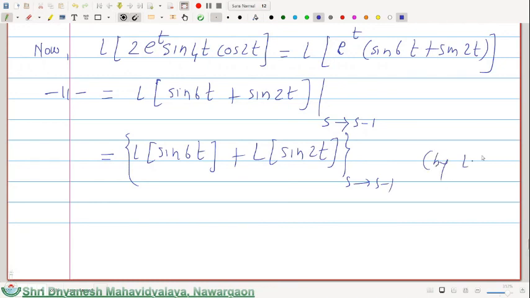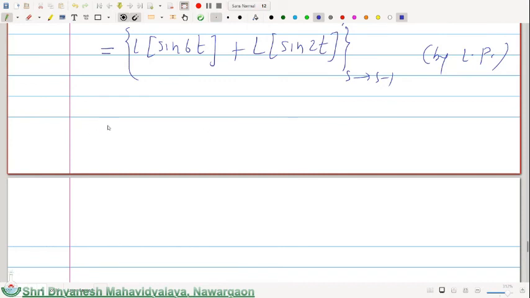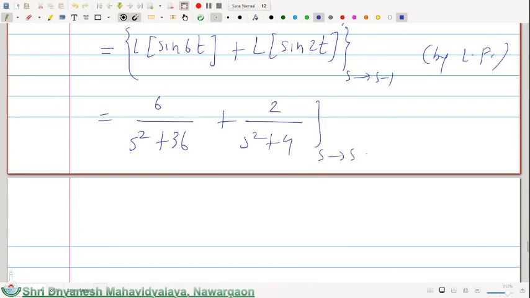So what is the Laplace transform of sin 6t? It is 6 upon s square plus 36 plus here 2 upon s square plus 4. We will replace s by s minus 1.